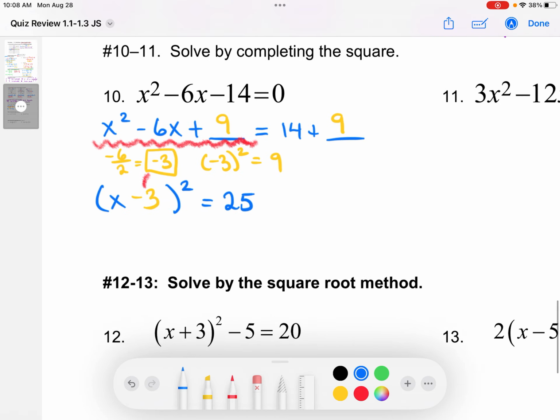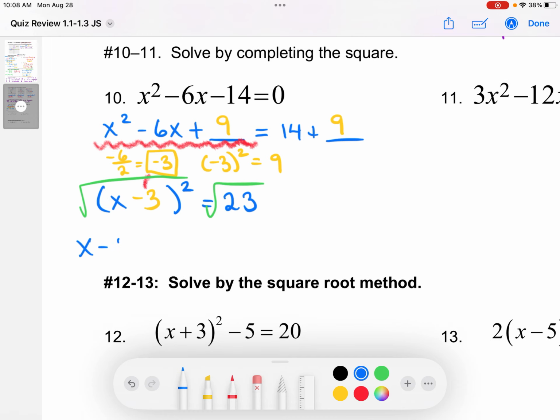Now, the direction said to solve this by completing the square. So we solve this. I goofed. 14 plus 9 is 23. So when we solve this, we need to take the square root of both sides. So x minus 3 equals plus or minus square root 23.